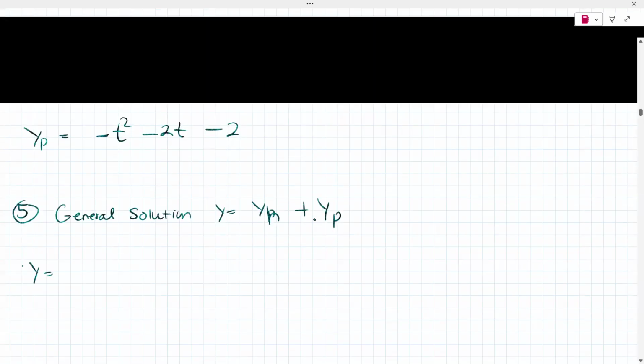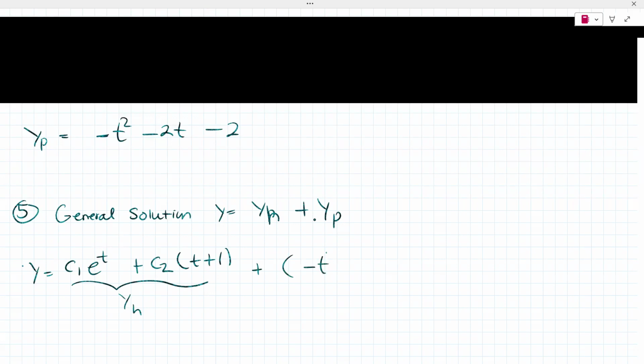My yh is c1 e^t plus c2 (t plus 1). So this whole thing is your yh, plus my yp, which is negative t squared minus 2t minus 2. Okay, so this is your general solution.